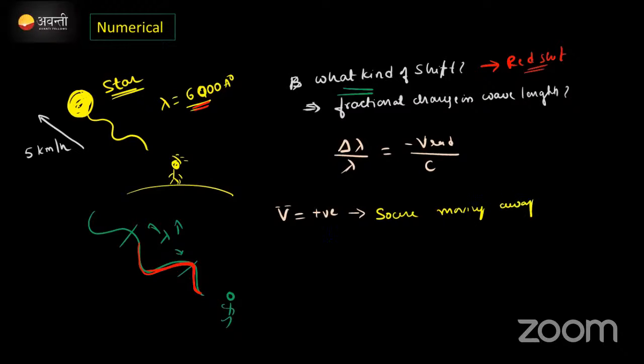Okay, correct? When the source is moving towards the observer, take v as negative.